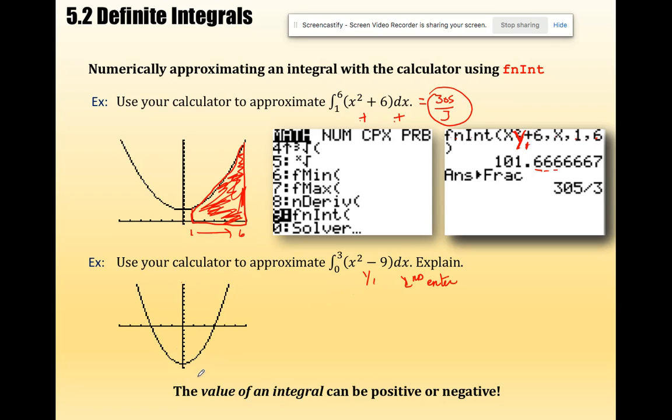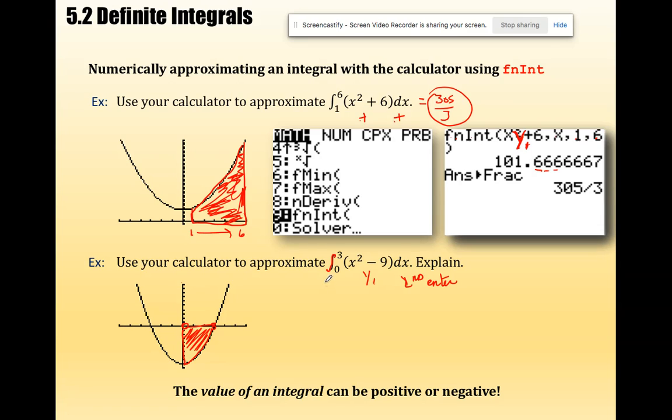You know what x squared minus 9 looks like, 0 to 3. You're not surprised, right? That's the x-axis. The value of the integral is negative. Notice I asked you to evaluate an integral.